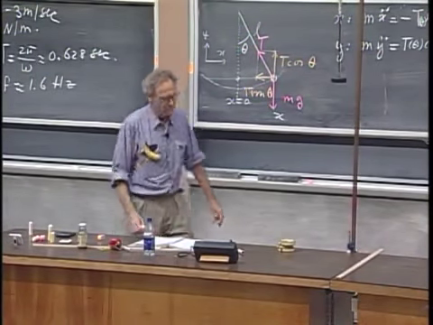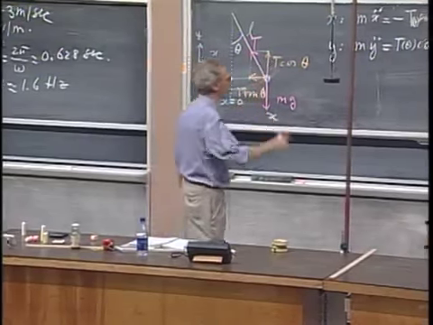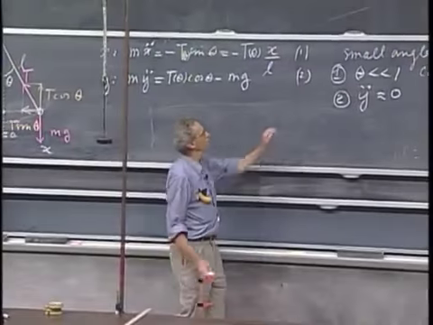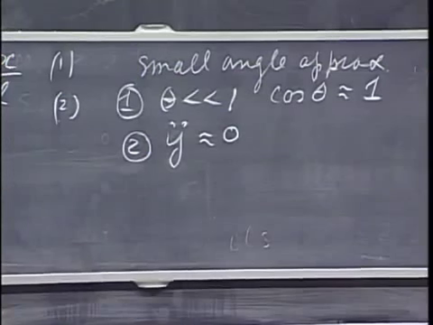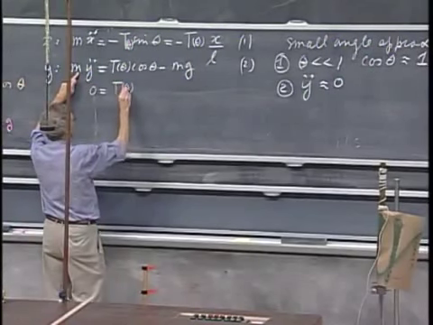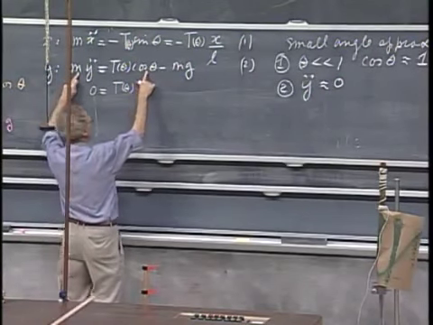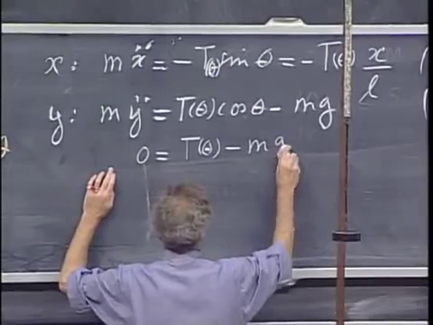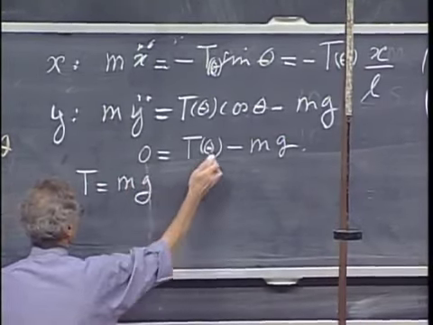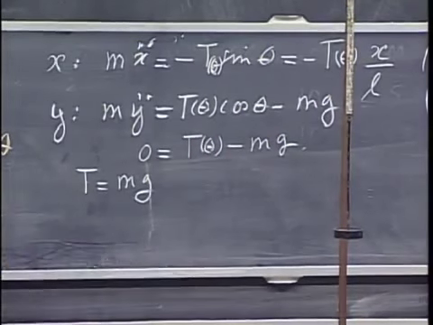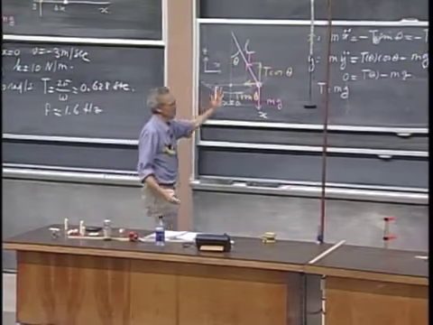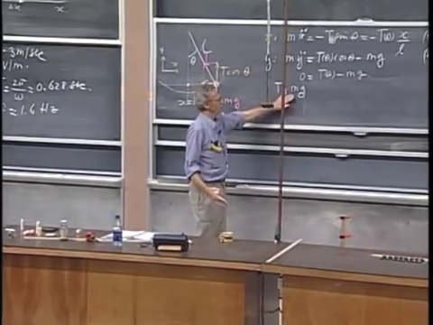With these two conclusions, which follow from the small angle approximation, I go back to my equation number 2. And I find that 0 equals T, which could be a function of theta, the cosine of theta is 1, minus mg. So I find that T equals mg. Notice it's no longer even a function of theta. So I simply have, in my small angle approximation, that I can make T the same as mg.